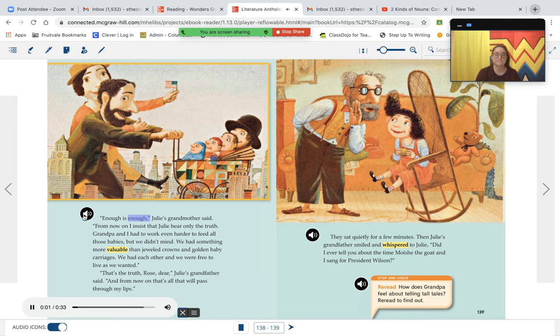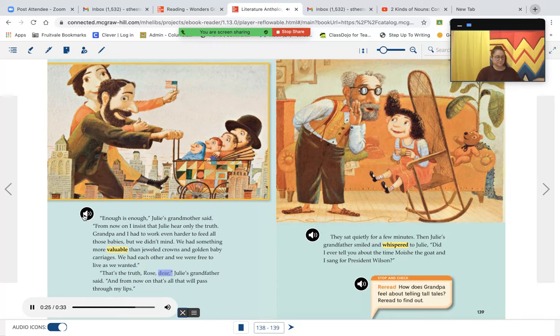Enough is enough, Julie's grandmother said. From now on, I insist that Julie hear only the truth. Grandpa and I had to work even harder to feed all those babies, but we didn't mind. We had something more valuable than jeweled crowns and golden baby carriages. We had each other, and we were free to live as we wanted.